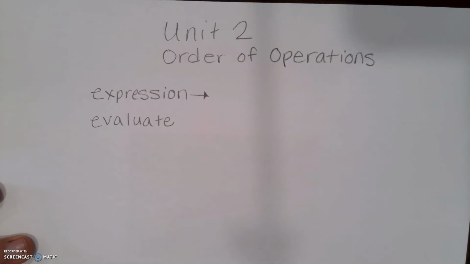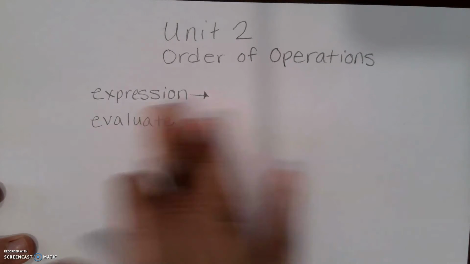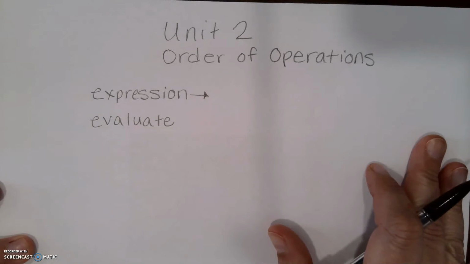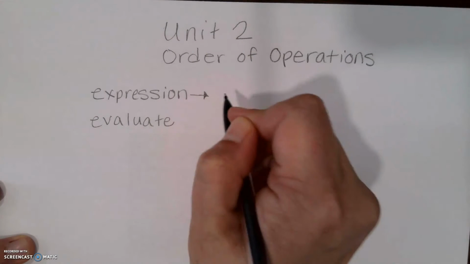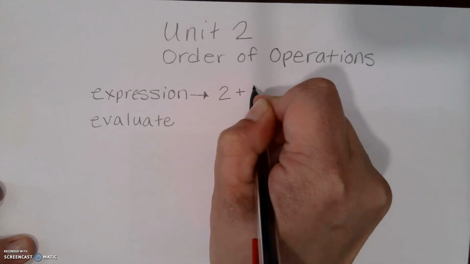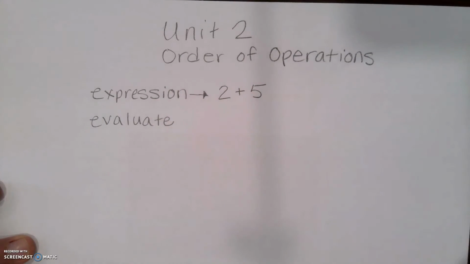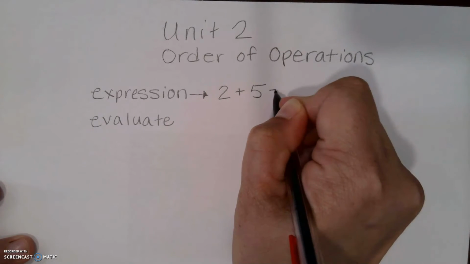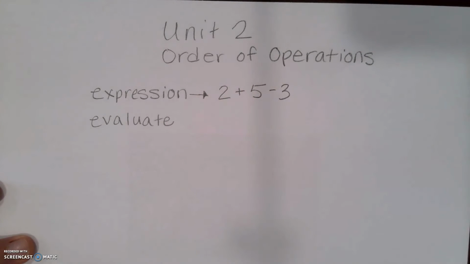So when we talk about the word expression, we would have 2 plus 5 minus 3. Now, we don't have an equal sign here. We're just looking at this.